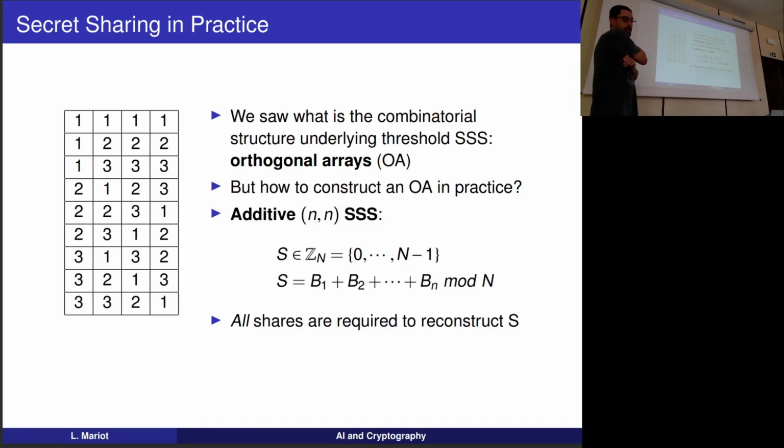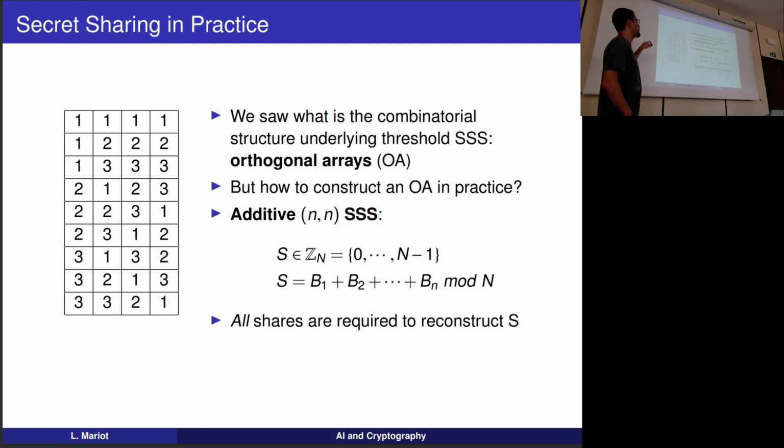And we saw that in the general case, we can use, for example, mutually orthogonal Latin squares to construct 2 out of n secret sharing schemes. Or otherwise, in the more general case, we use orthogonal arrays, where we can use the last column of the array, like this one, as the column that is devoted to the secret.